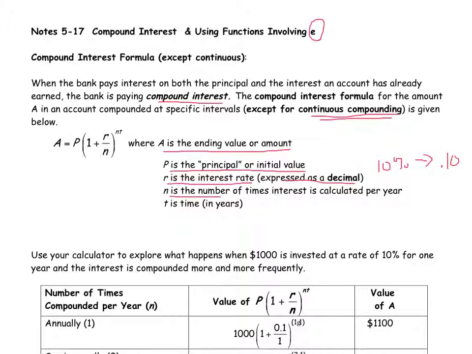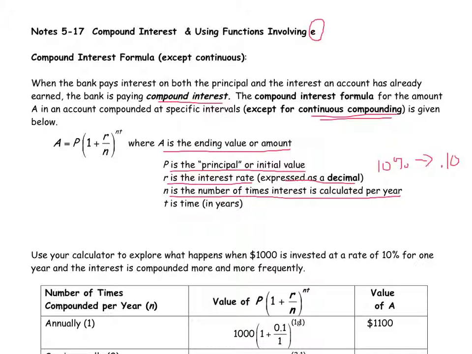N is the number of times that interest is calculated per year. So if it's quarterly, then it's compounded 4 times a year. If it's compounded monthly, then that would be 12 times a year. So you have to pay attention to how many times it's compounded so that you can get the correct number in for N. And then T is the time in years.